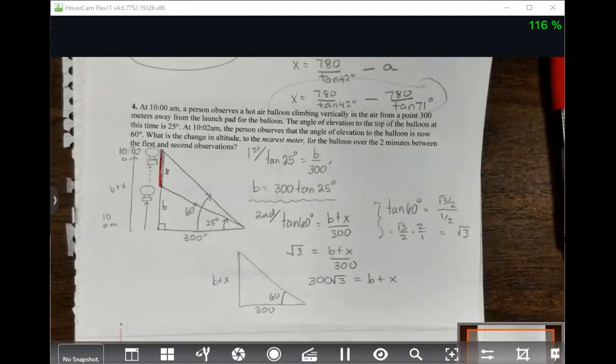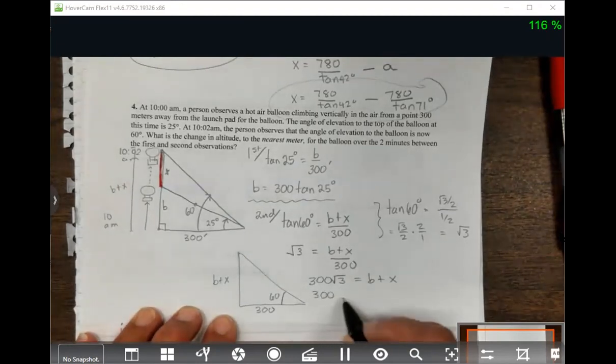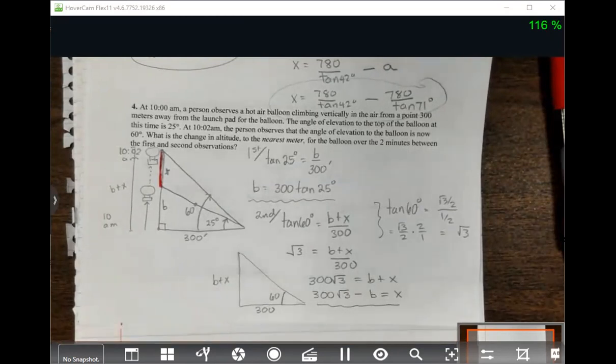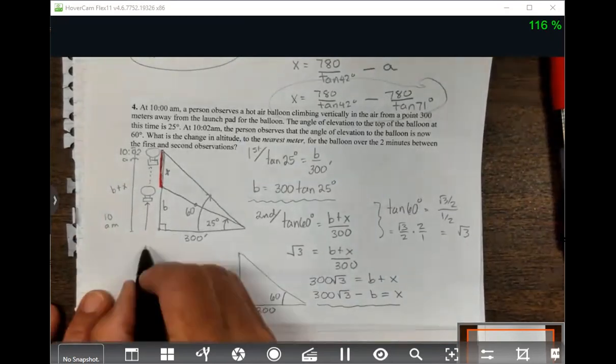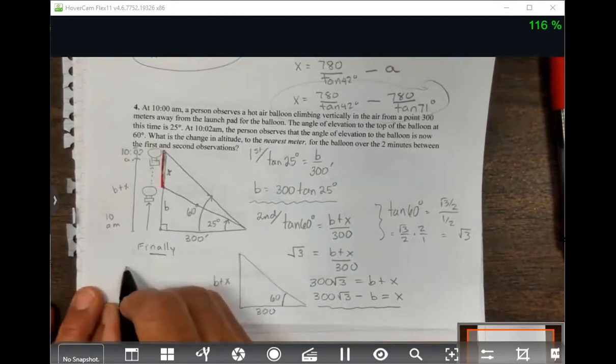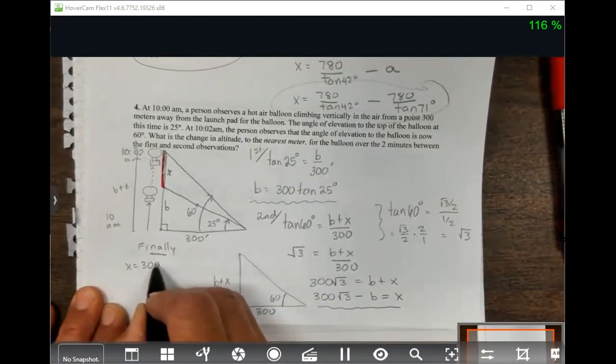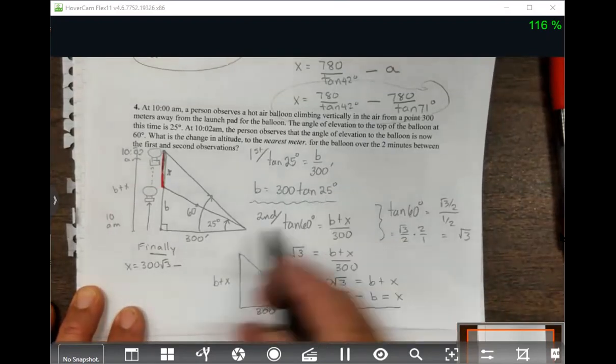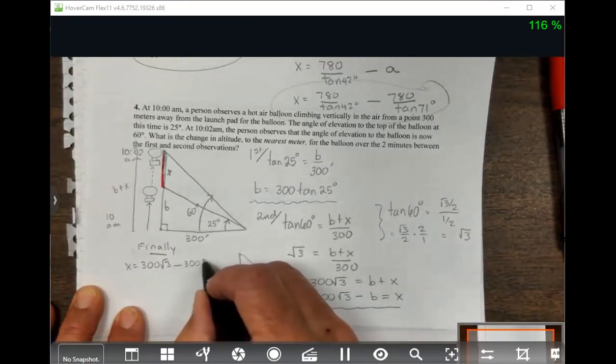Now subtract b from both sides. 300 square root of 3 minus b is equal to x. We have b from our first step, so we put that in where the b is. I get that x is 300 square root of 3 minus 300 tangent of 25 degrees.